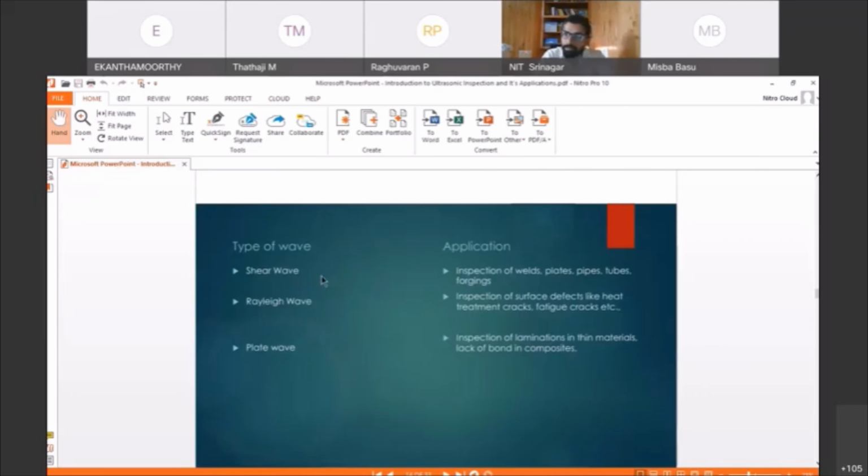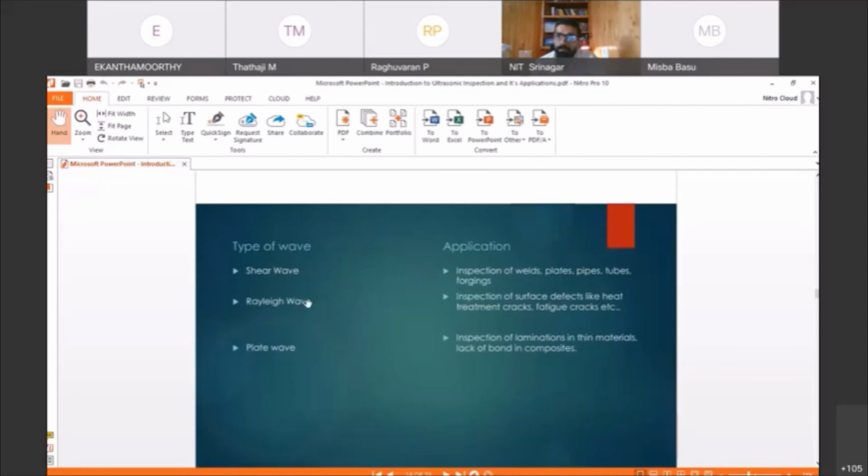The shear wave is basically used in weld inspection, since it has a property that while mode converting, we can generate shear waves, as I have shown in the earlier picture. We can generate shear waves at the required angles as per our inspection, and they are used for inspection of welds, plates, pipes and tubes.